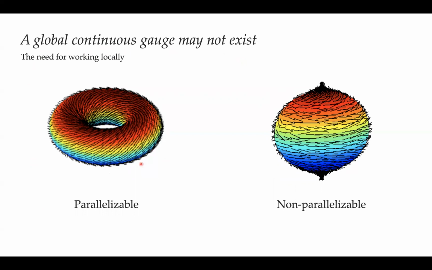And this vector field could serve, for example, as the x-axis of our field of frames. On some manifolds, that's not possible. So here you see, if we try to comb the sphere, we'll end up with some singularities where you cannot smoothly choose a vector at the North Pole.